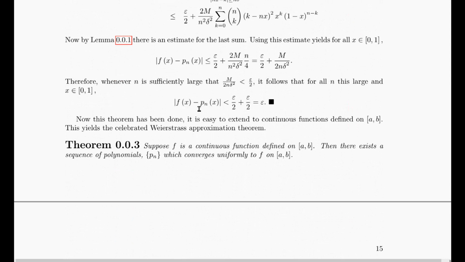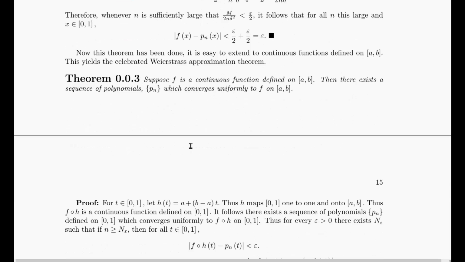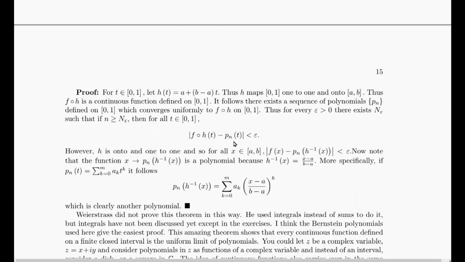This says that p sub n of x, this Bernstein polynomial, converges to f of x uniformly as n goes to infinity. Okay, so the general result is this. If you have a continuous function on an interval, then there is a sequence of polynomials which converges uniformly to f on this interval. Well, so here's how we can prove it.